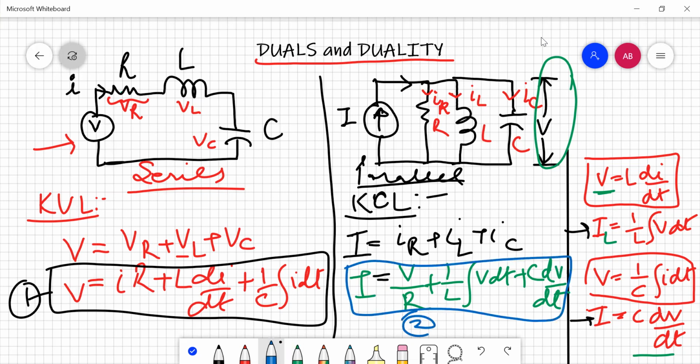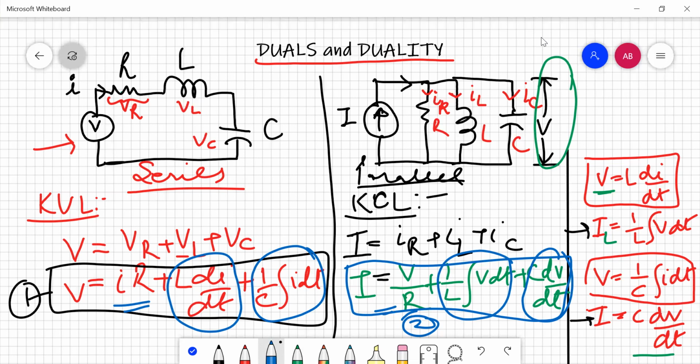Now, if you check both these integro-differential equations, you are going to find that if there is one integral term here, then there is one integral term here also. Similarly, if a single order differentiation term is there, it is there also, and for the constant term it is there also.